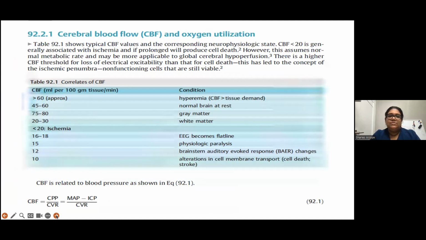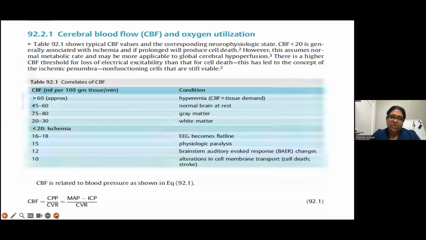However, this assumes normal metabolic rates, and it may be more applicable to global cerebral hypoperfusion. There's a higher cerebral blood flow threshold for loss of electrical excitability than for cell death, and this has led to the concept of the ischemic penumbra, non-functioning cells that are still viable.